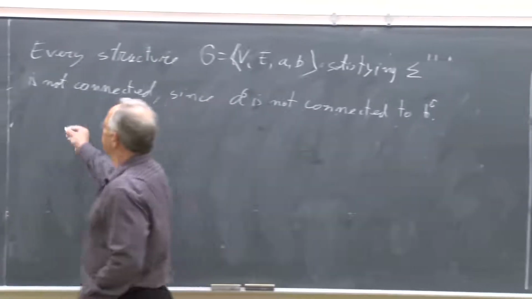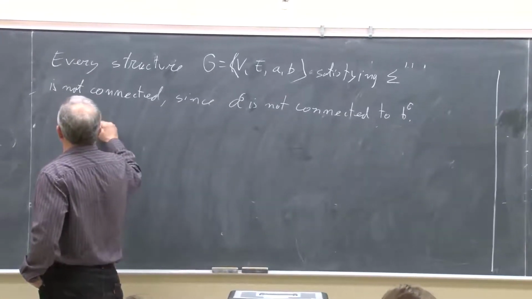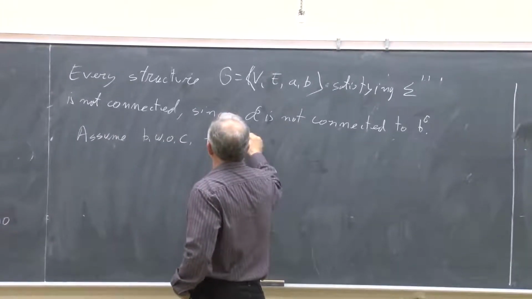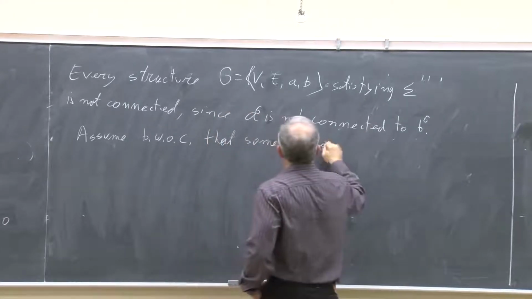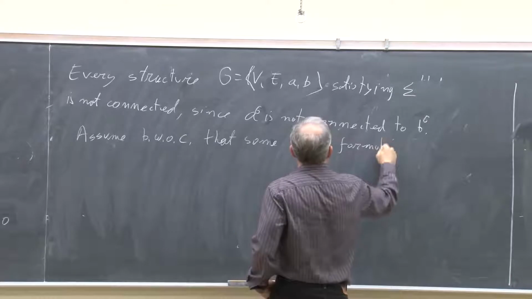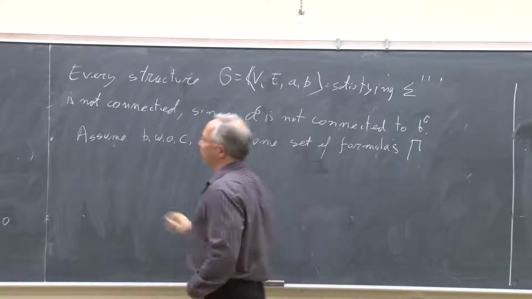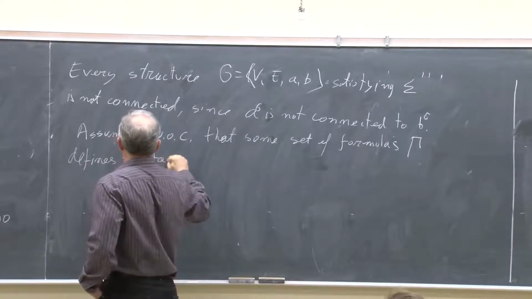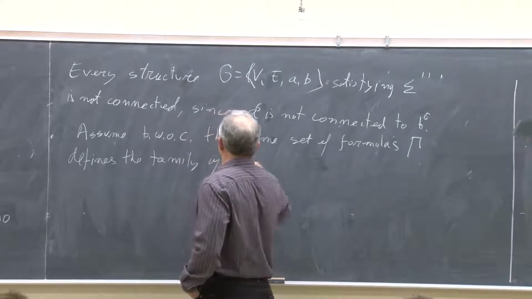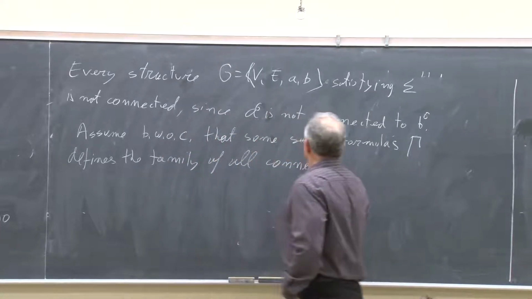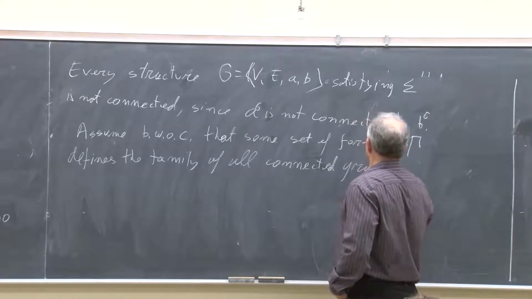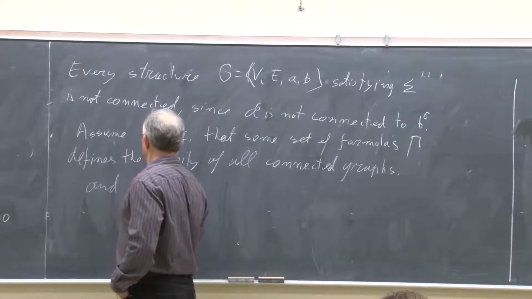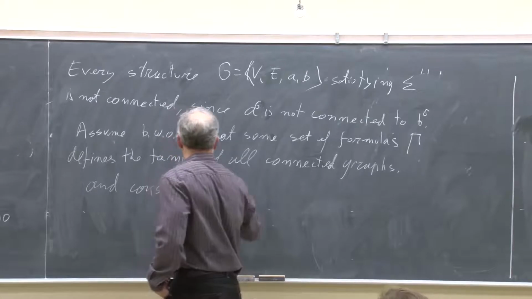And now we assume by way of contradiction that some set of formulas gamma defines the family of all connected graphs, and consider sigma union gamma.